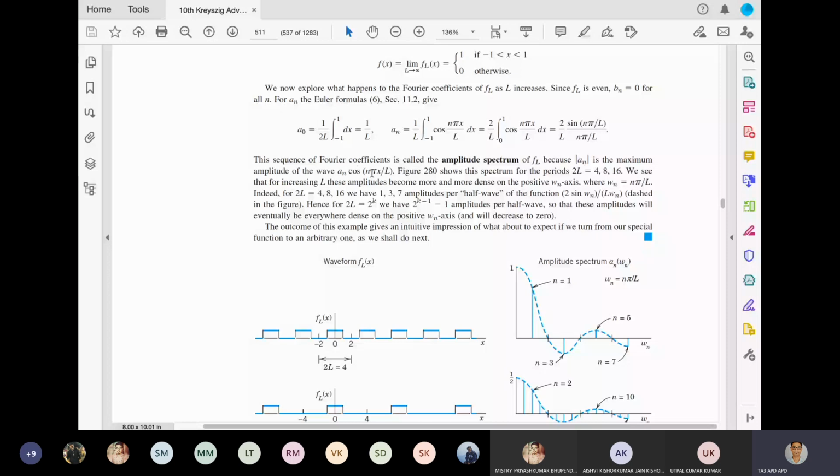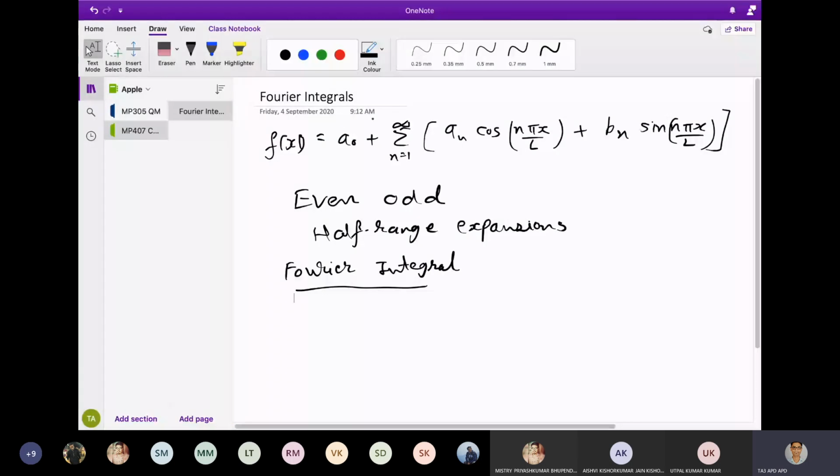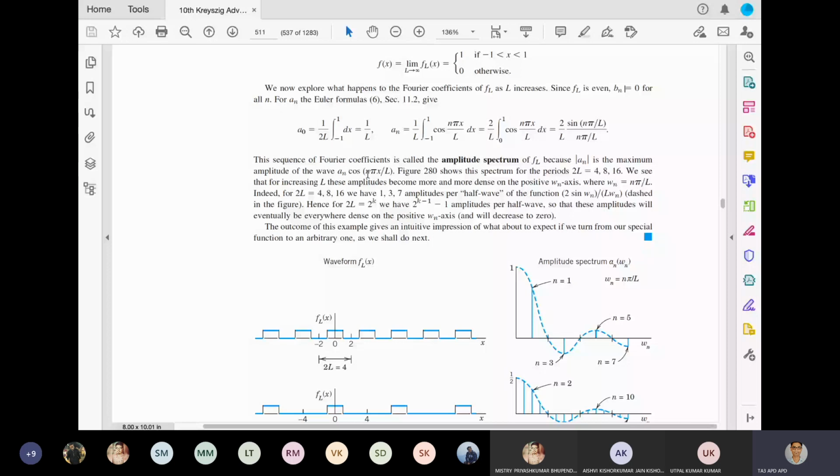So when you substitute the value of this an into your actual Fourier formula, an cos(n pi x by L) will be maximum when this cos value is going to be equal to 1.